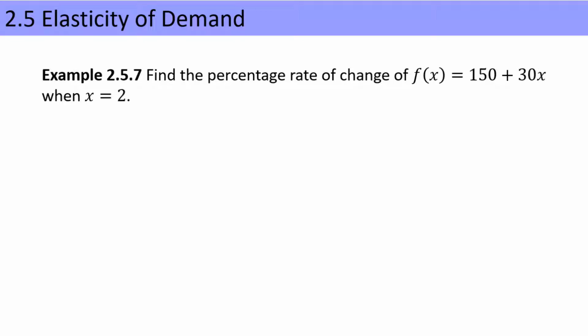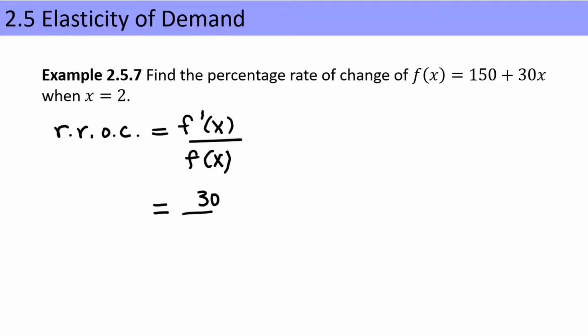The procedure here is we first find the relative rate of change RROC function, which we know is the derivative of the function divided by the function. So let's compute. The derivative of 150 is 0. The derivative of 30x leaves 30. We divide by the function 150 plus 30x.